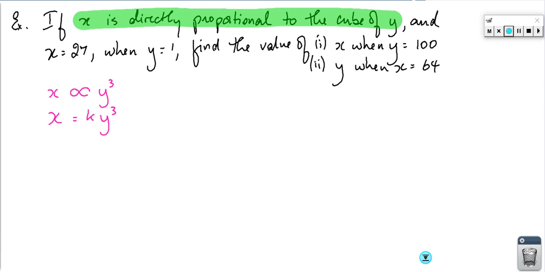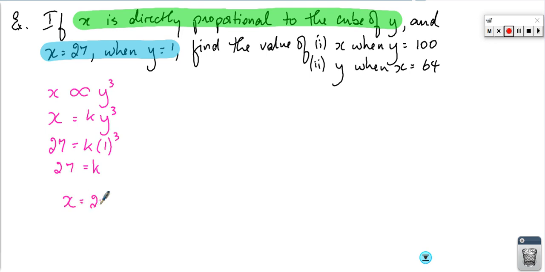Now, using this part, I am given that to find the value of k. So x equals k times 1 cubed. So k is equal to 27. So the relationship between x and y is x equals 27 y cubed. And that is our relationship.